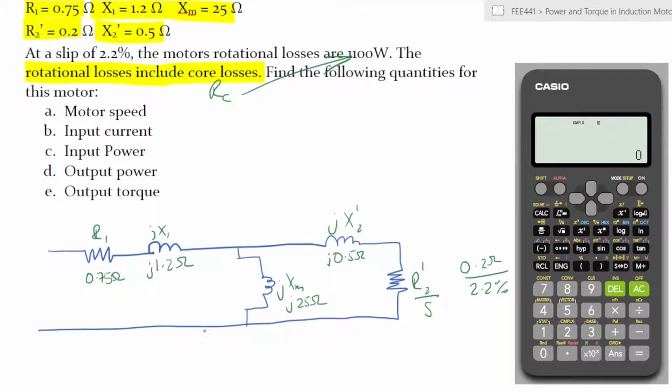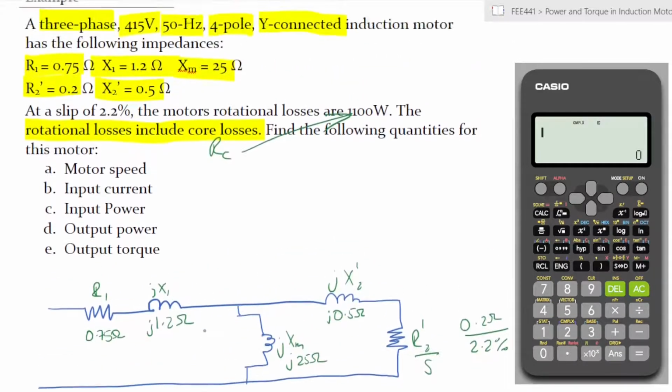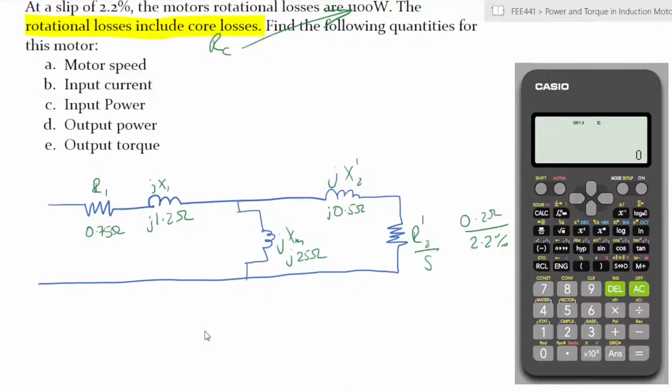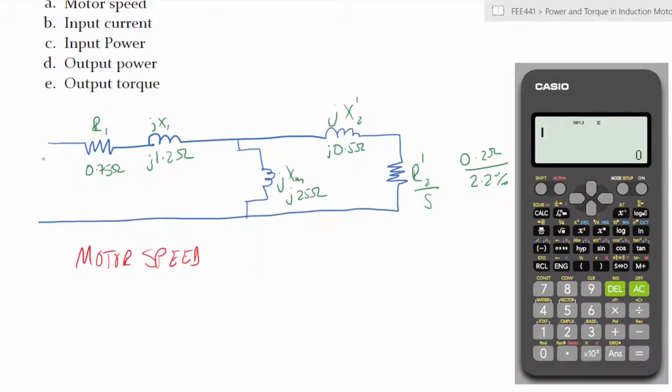So we can start off by doing a bit of analysis. Let's start with motor speed. So let's look at how we would do motor speed. Okay. So the motor speed, what we are looking for is essentially N. Okay, and for completeness, we will do N, and we will also use the angular speed. We'll calculate both of them.